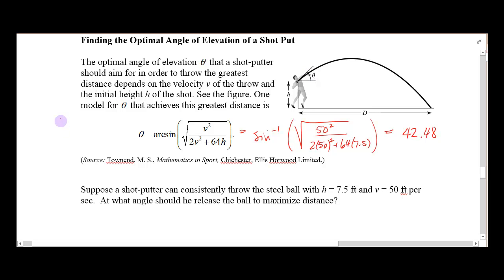If I wanted to know, say, where the victim was, how tall the victim was when his blood came down and splattered on the ground, this is a way for you to figure out what theta is, and they use that in forensic science a lot. So here's an example in sports. This is an example in forensic science, and there are multiple examples of inverse sine or inverse trig functions being used in everyday life.